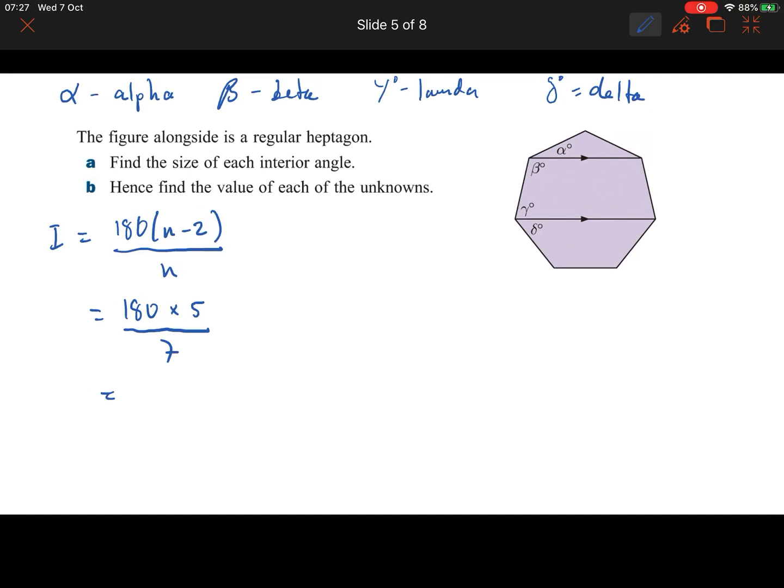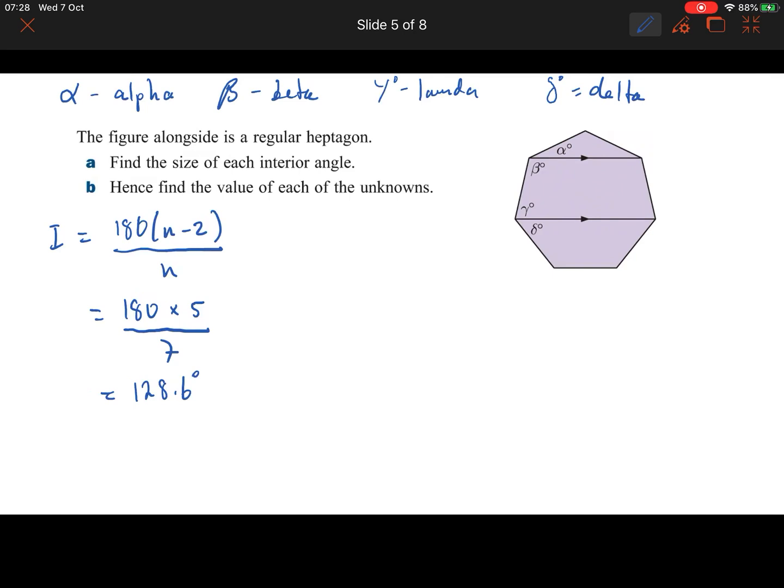And I'm just going to use a calculator. 180 times 5 divided by 7. And to one decimal place, I'm going to get 128.6 degrees. Again, always use one decimal place for an angle unless the question says differently. Okay, so that tells me the size of each interior angle.